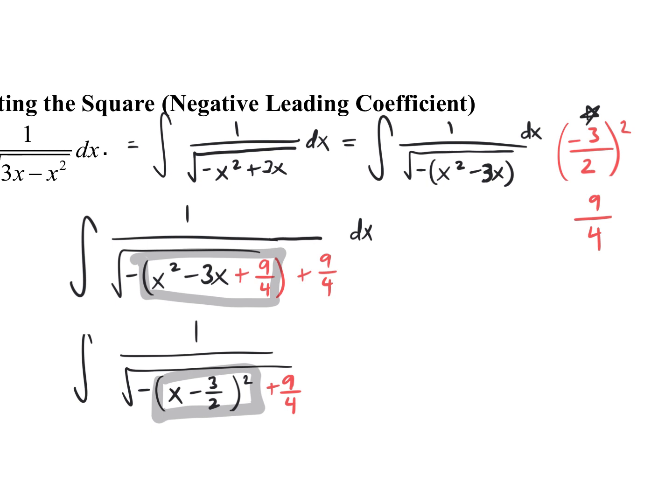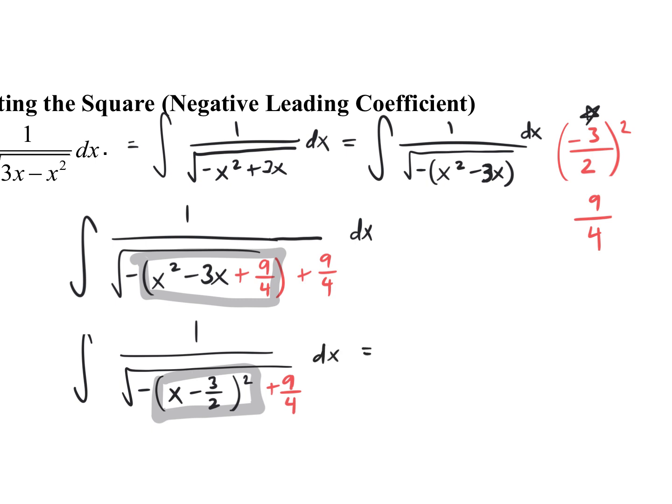And now if I look over at my arc-trig functions, which one does this look similar to? It's not going to be arcsecant because I don't have a variable on the outside, right? It is going to be arcsine. I'm going to manipulate this equation again a little bit to make it look like that, okay?